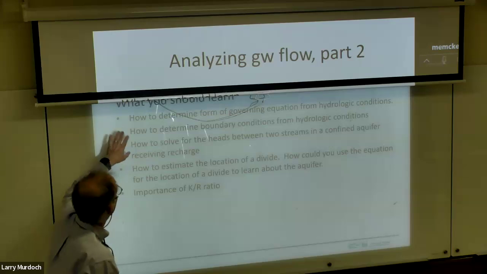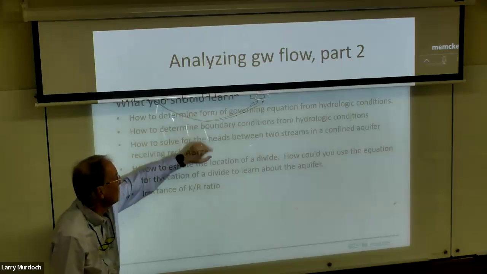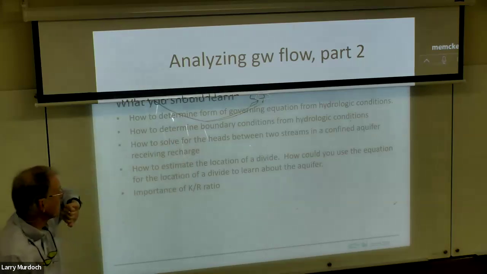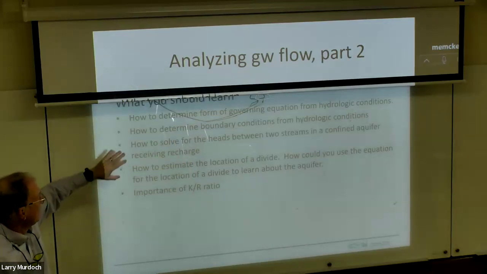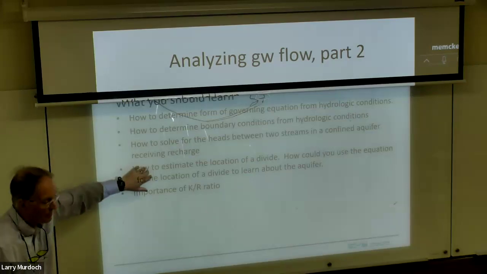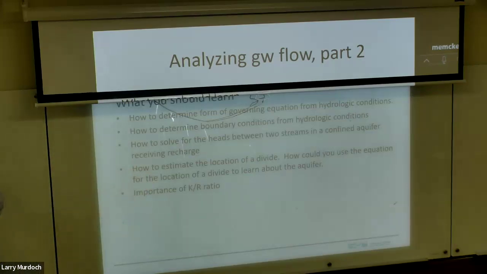So one of the things we'll have to do is determine the form of the equation from hydrologic conditions and the boundary condition. And then we'll solve for the heads and use the boundary conditions.